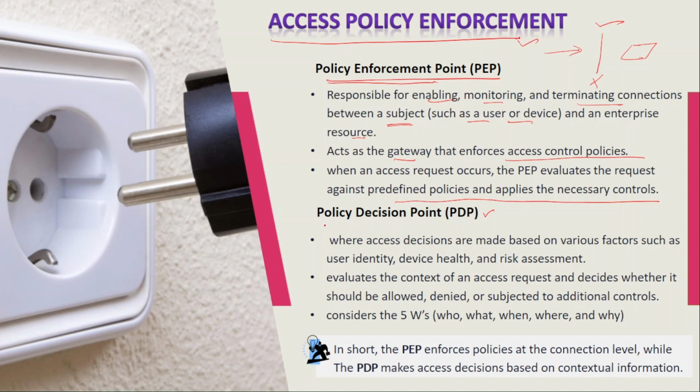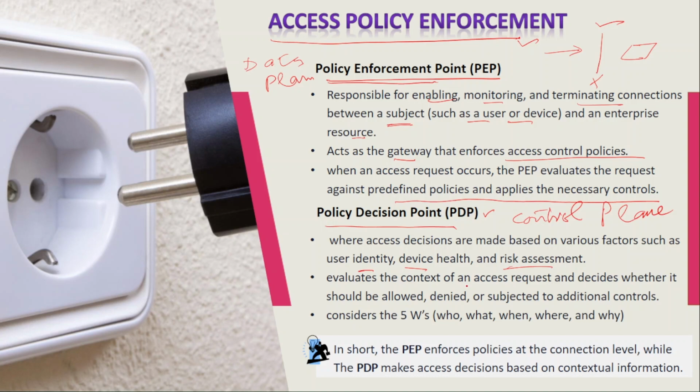So what is the policy decision point? Remember, this is inside the control plane, and the PEP is inside the data plane, as we saw in the architecture. The PDP is where access decisions are made based on various factors such as user identity, device health, and risk assessment.